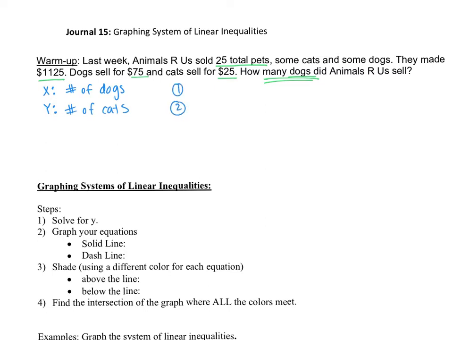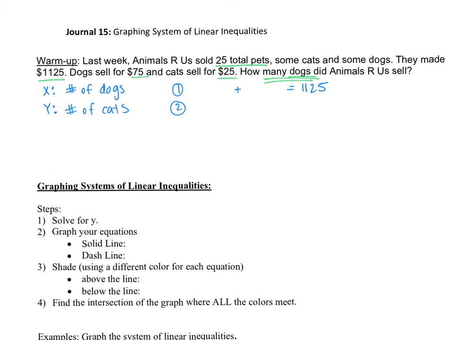So my first equation could be representing the total amount made. So I noticed that I sold $1,125 worth of pets. So that tells me this is the total. So when I add two things, I should get this amount. And so when I think about how I want to construct it using x's and y's, well, I know the price of a dog and I know the price of a cat.